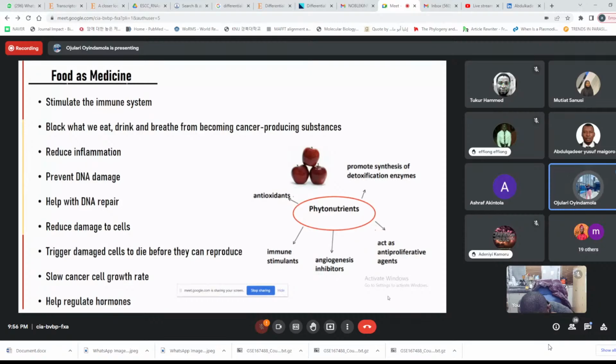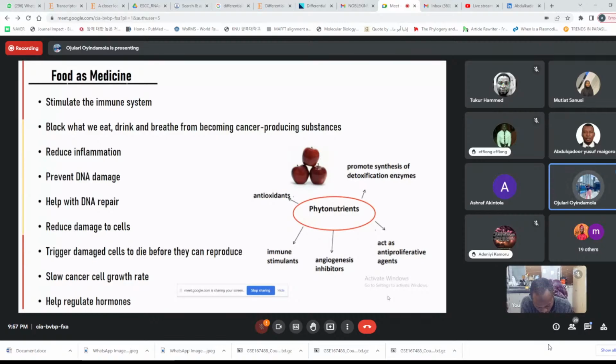But the good news is, when we consume some of these things in reasonable amounts, the nutrients from this food can help us to kill these initiated cancer cells before they begin to proliferate, before they begin to replicate and reproduce themselves.